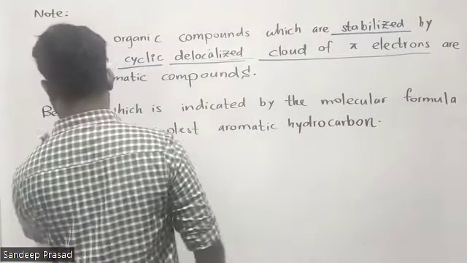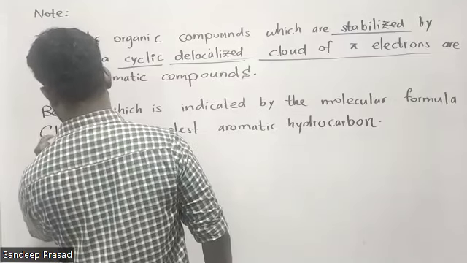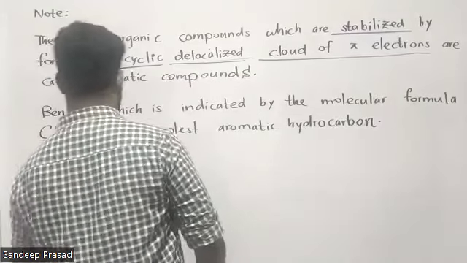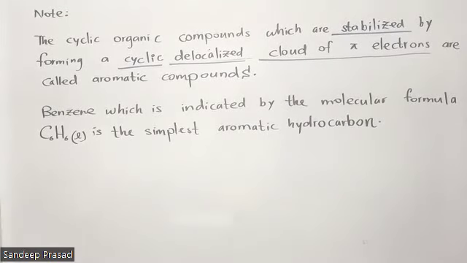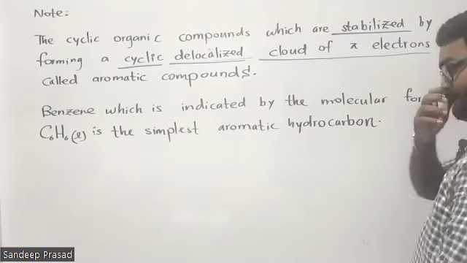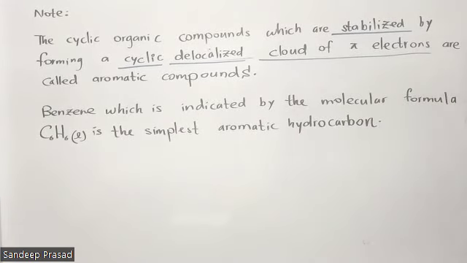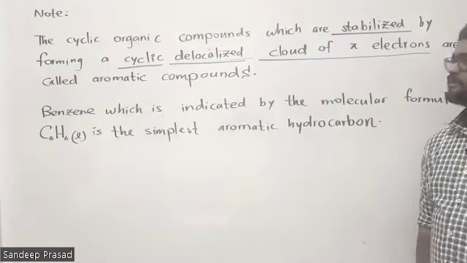C6H6. If you want, you can write down C6H6 liquid. The physical state of benzene is liquid. Okay.